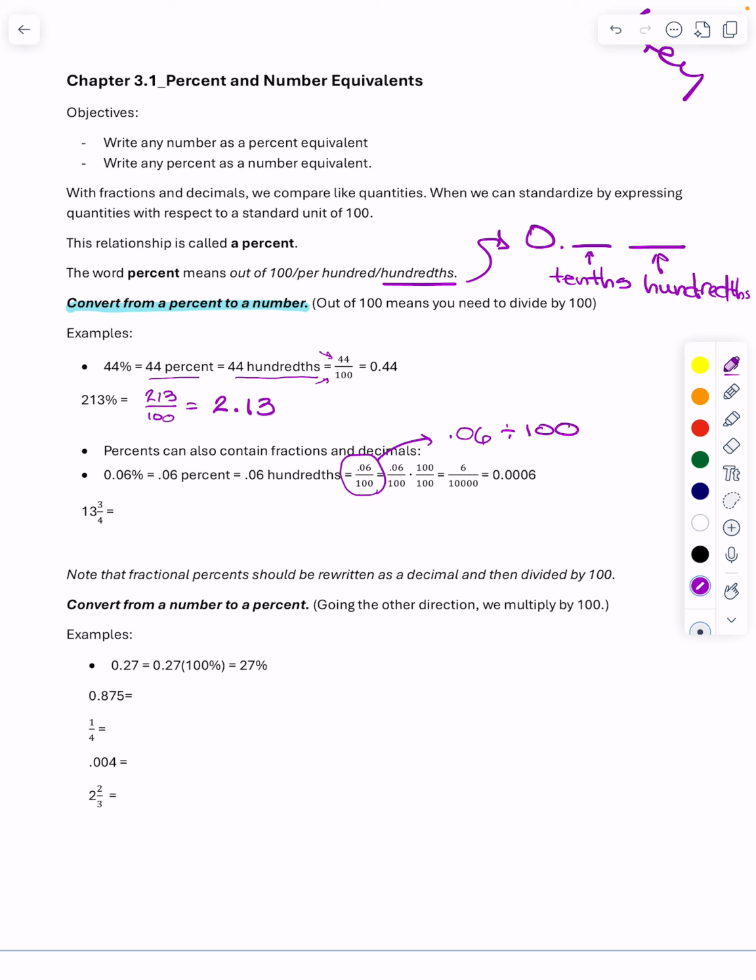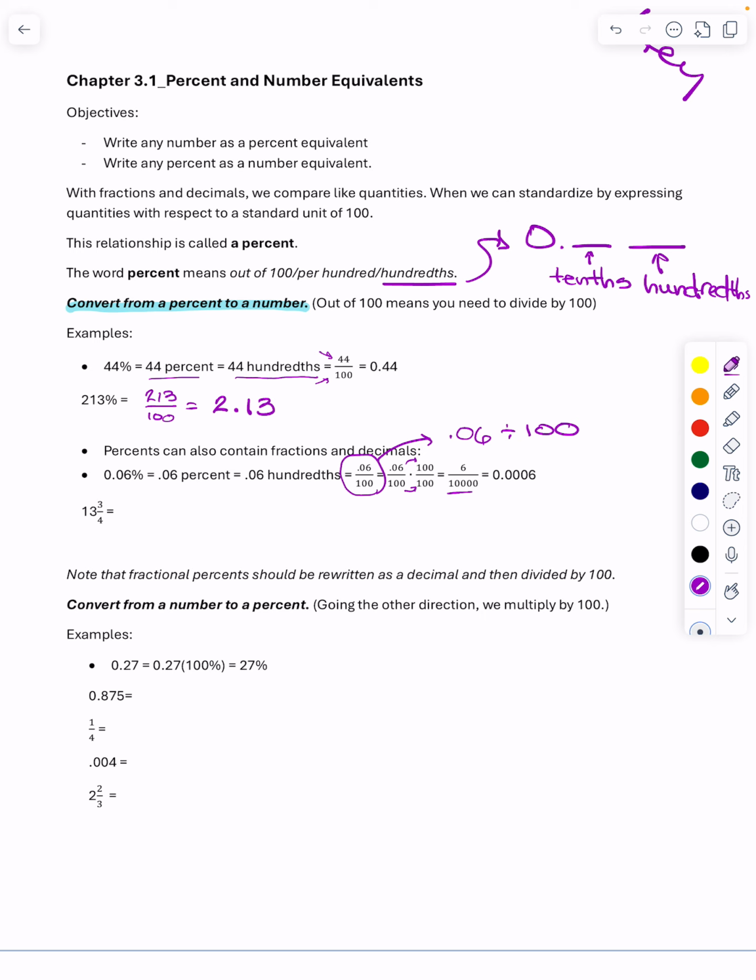But just as a reminder, since we just talked about equivalent fractions, I can also multiply numerator and denominator by 100. That way I get a true fraction. I have no decimals in this version. When I divide that, though, I do get 0.0006. Take that answer as is. Don't try to change it based on how you feel it should look.